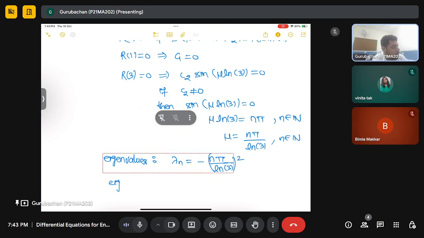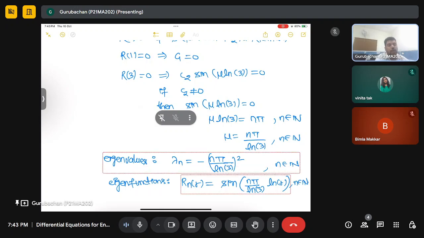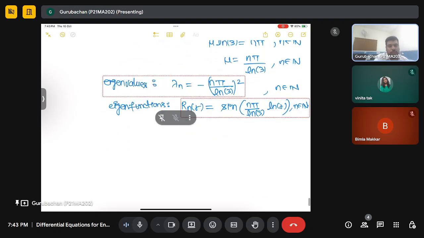And what are your eigenfunctions? The eigenfunction will be R_n(r), which is sin(mu ln r) with mu equal to n pi by ln 3, and here n is a natural number. Till now you have solved your eigenvalue problem and you got your eigenfunction.